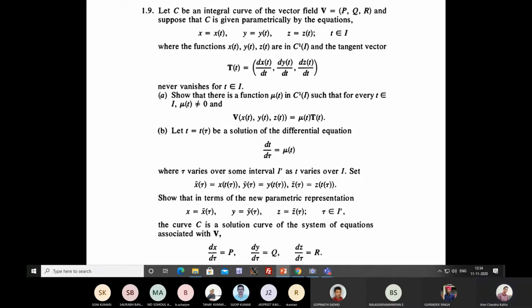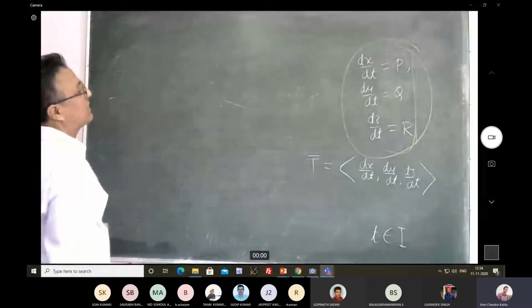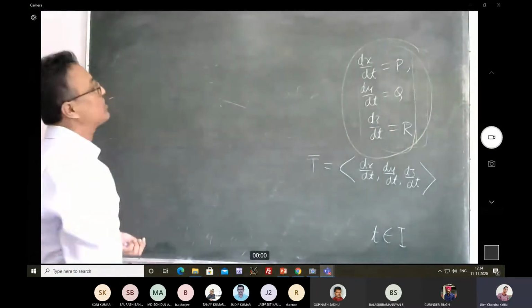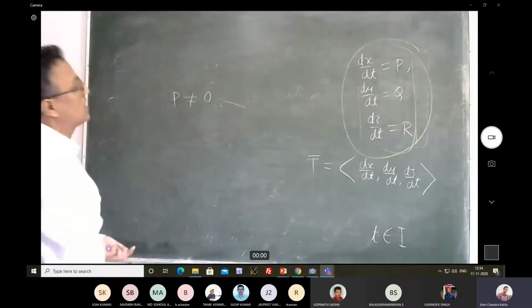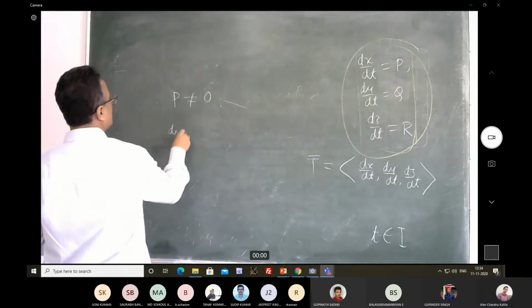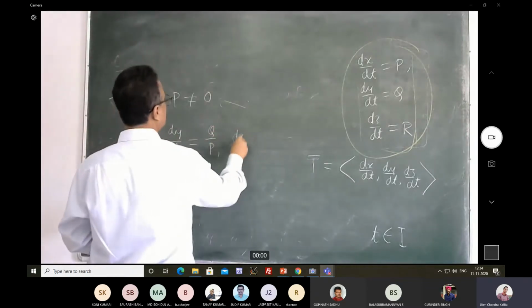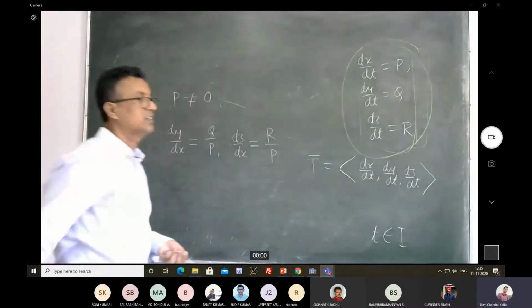So again, if this happens, then suppose p is not equal to 0. Then definitely dy/dx is going to be q by p, and dz/dx is going to be r by p.